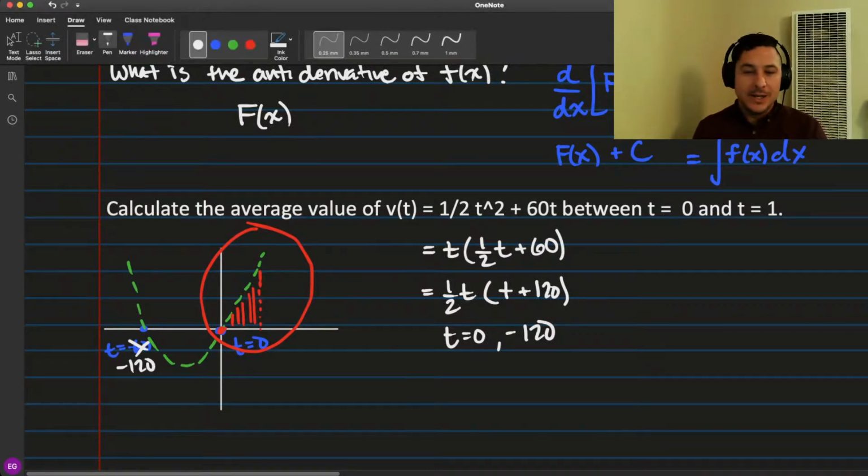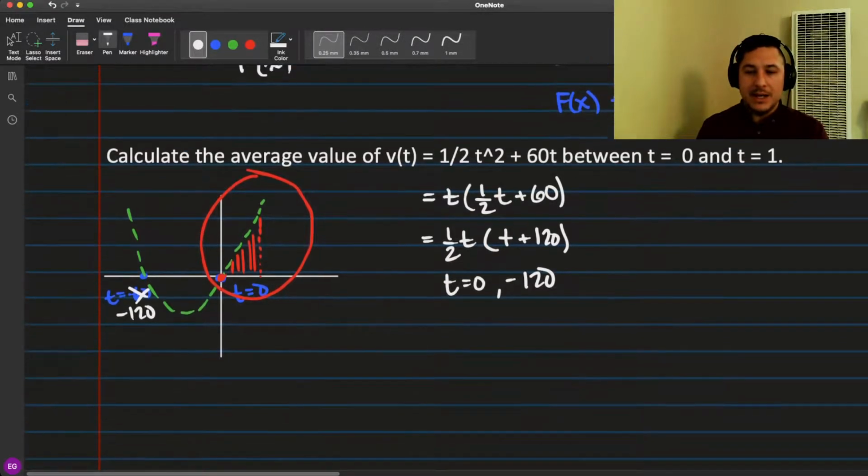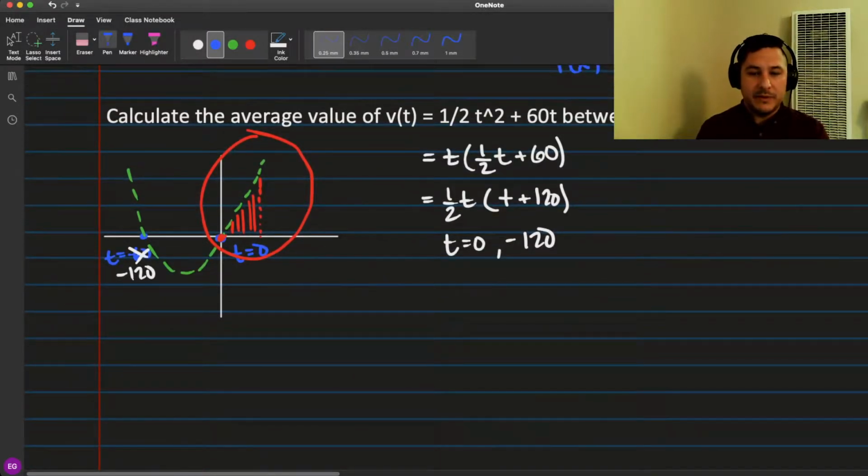Okay, so we want to find the average value here. Now, because this is sloped, you can't just look at the secant line. So what we need to calculate here is the average value of our function. We're finding the average of our velocity. AVGV means average of the velocity.